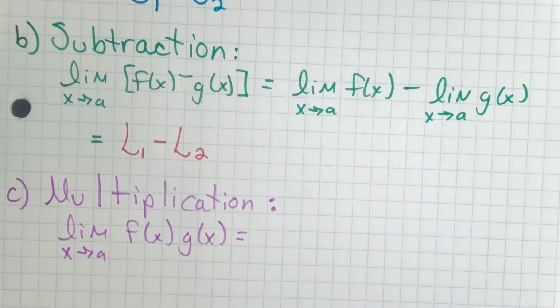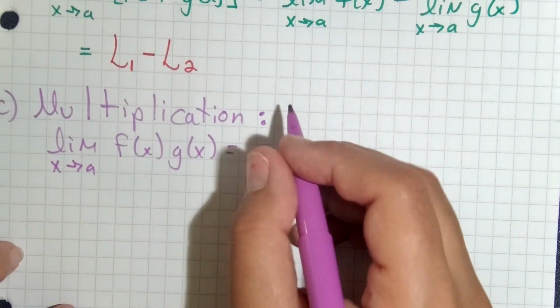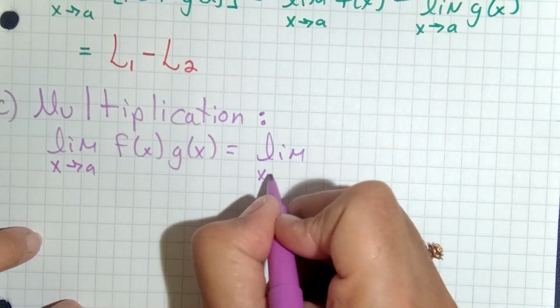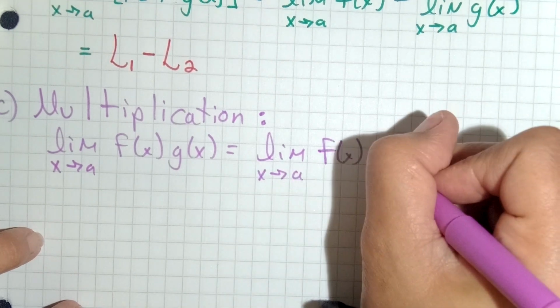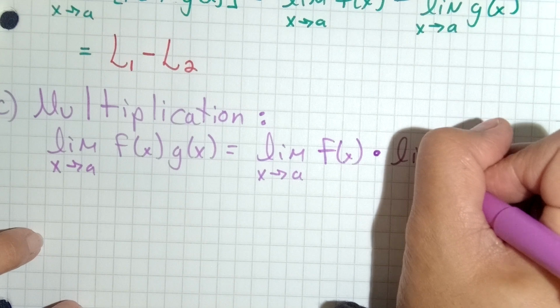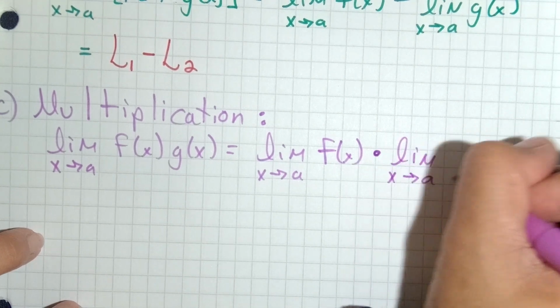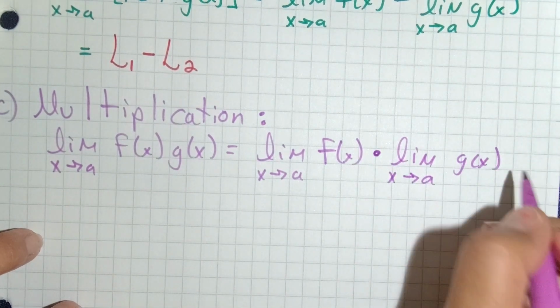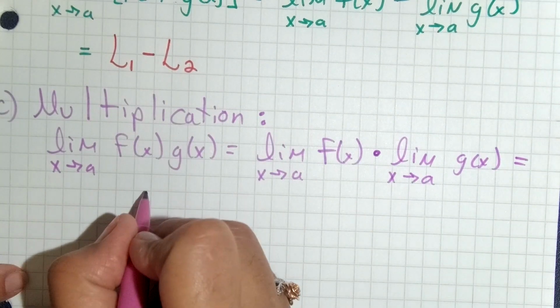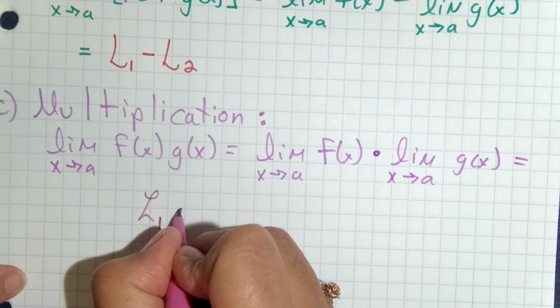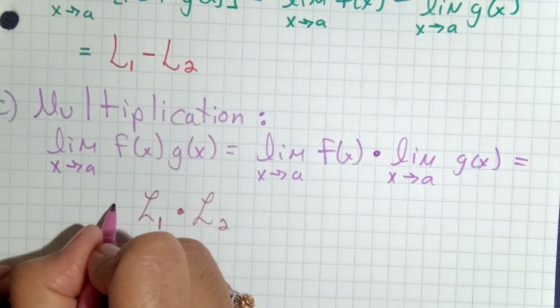We can split them up. And do the limit as x approaches a of f of x, times the limit as x approaches a of g of x, which will be equal to the limit 1 times limit 2.